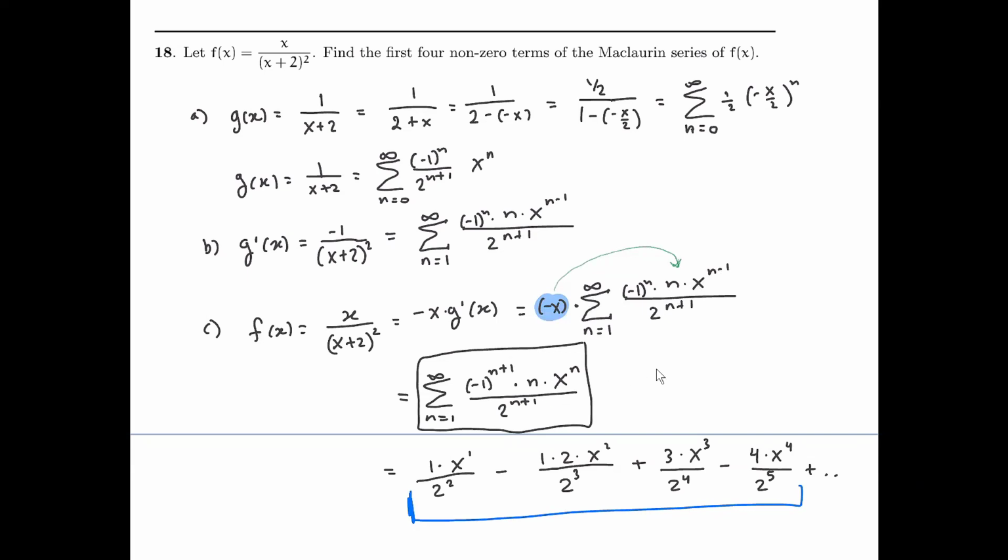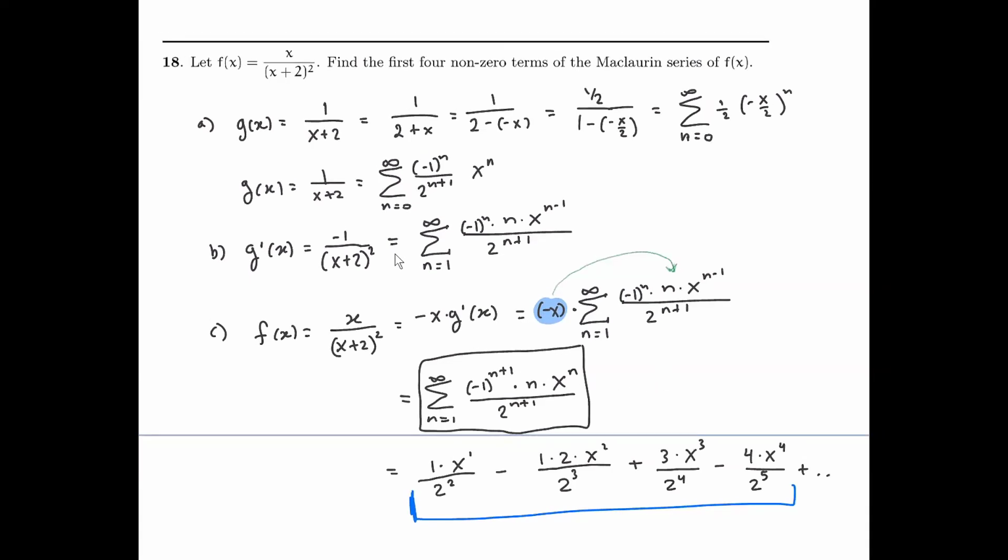Okay, got it. But that's how we answer this. Again, this is not going to be on the test because it takes a lot of manipulation to get to what you want. But you should be able to do this because these are skills you will need later on. These are very good skills to have.